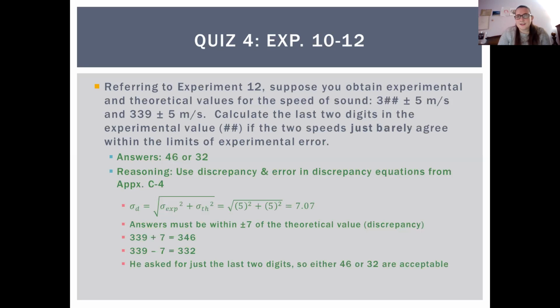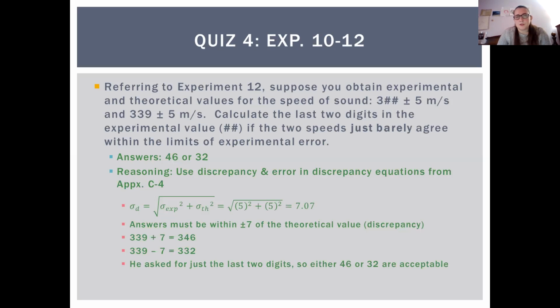All right, again, experiment 12. We have 2 values for the speed of sound. We have the theoretical and the experimental. So our theoretical is 339, and we need to figure out what our experimental value is.